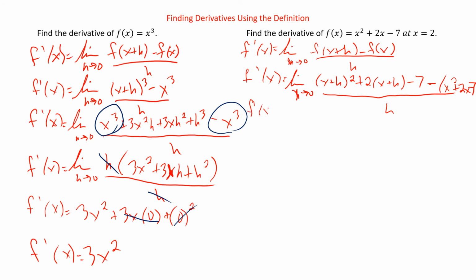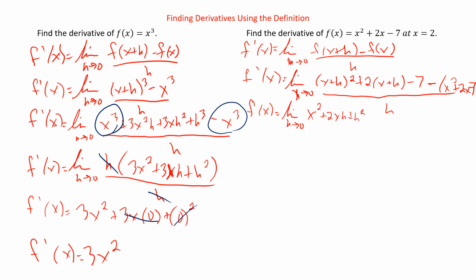f prime of x equals the limit as h goes to 0. x plus h squared, remember, is not x squared plus h squared. Don't be that guy. It is, however, x squared plus 2xh plus h squared.